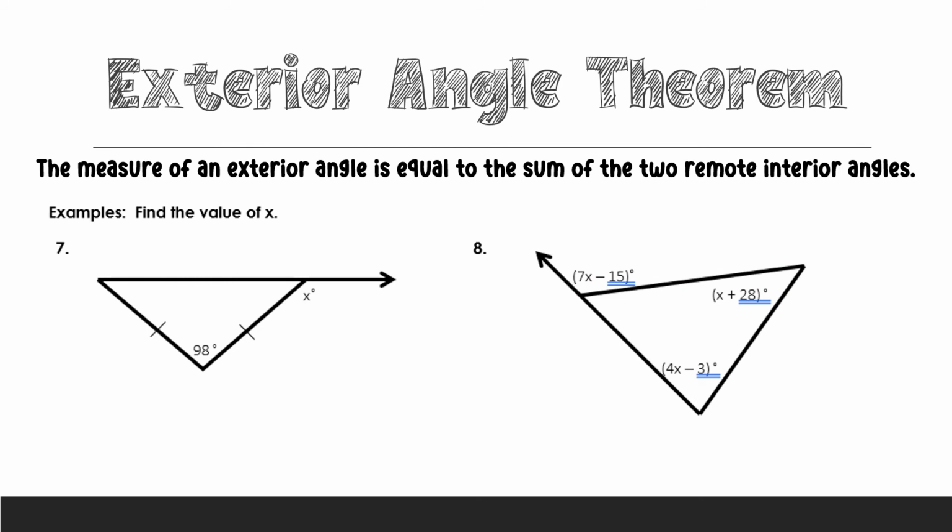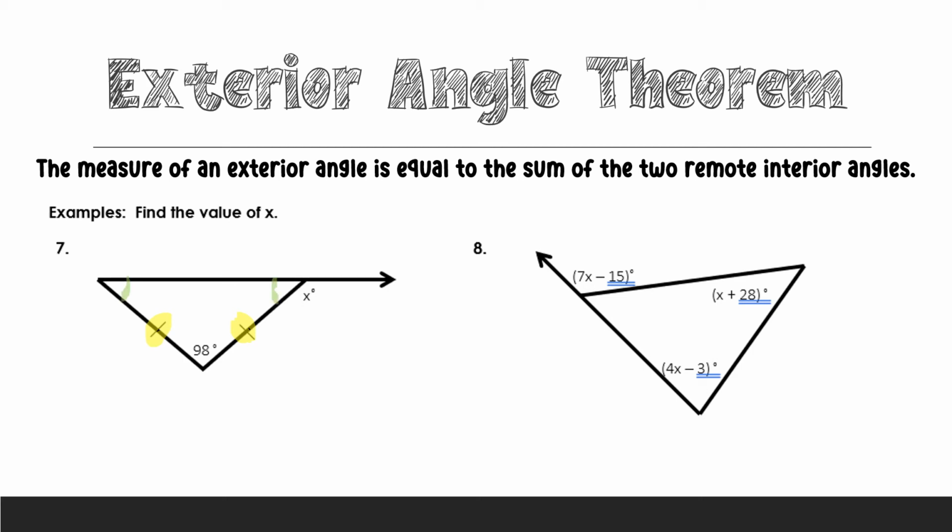Couple more examples here. Number 7 is a little bit more challenging because we have to think about what these little measures mean. Okay, this is an indication that this is an isosceles triangle. And so if those two sides are congruent, then these two angles right here are going to be congruent.